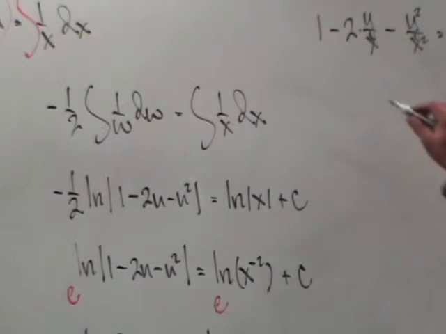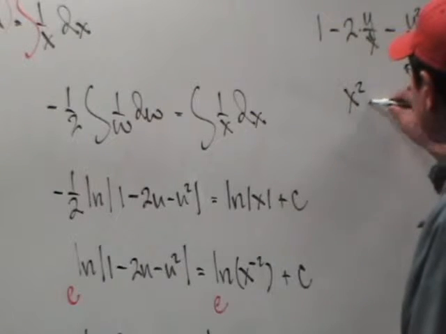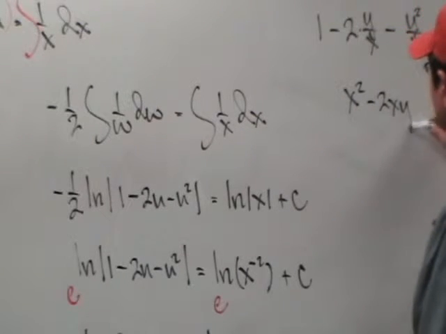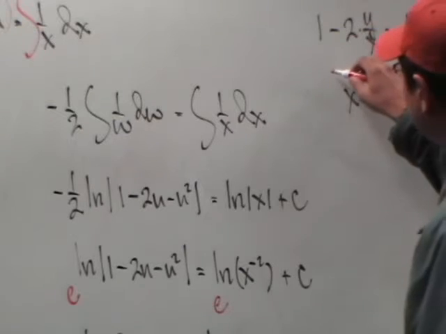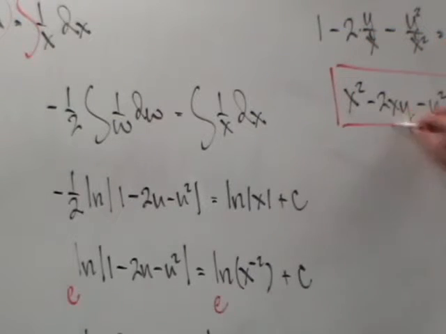So I get x squared minus 2xy minus y squared is equal to a, some constant a. So there's your general solution, which is a rather nice looking example. Everybody's good? Any questions? Okay, all right, great, very good.